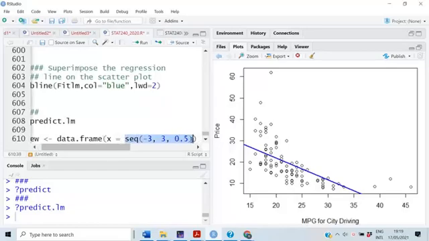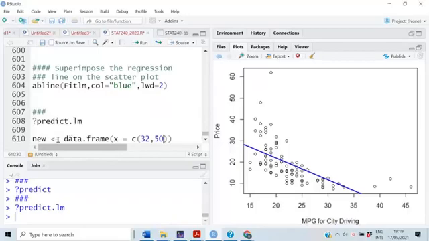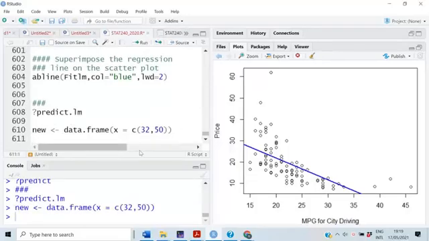So I'm going to do two things. I'm going to do c(32), and also I want to predict outside the range of this line, right? 50. So my new is this. So if I want to predict, I'll say predict.lm.